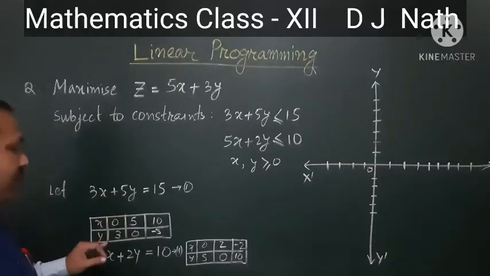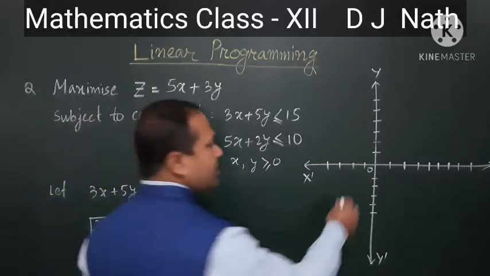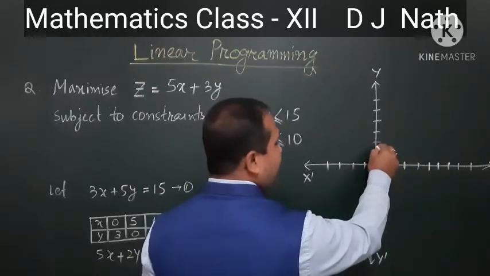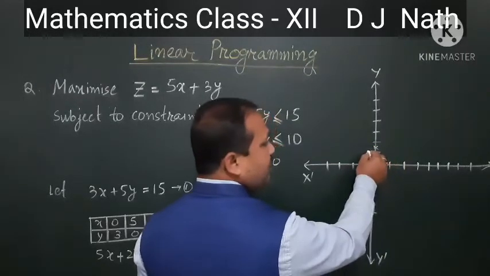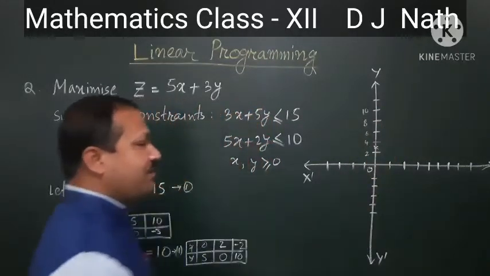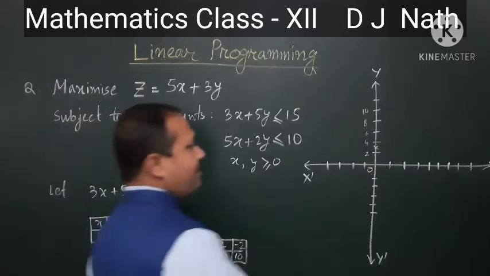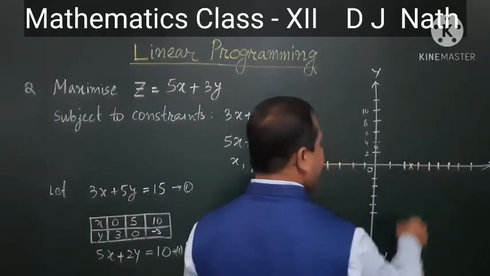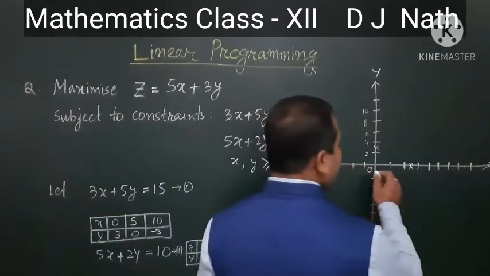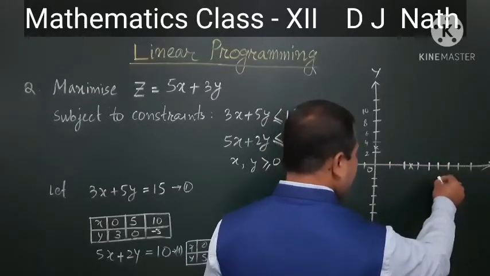On the graph we have to use it. So it is (0, 3). If we take one unit as 2, then (0, 3) may be here. So this is 2, 4, 6, 8, 10, like that can be used. This is as per our choice of graph scale, no problem. Then (5, 0), so (5, 0) is here. Then (10, minus 3), it is like that.